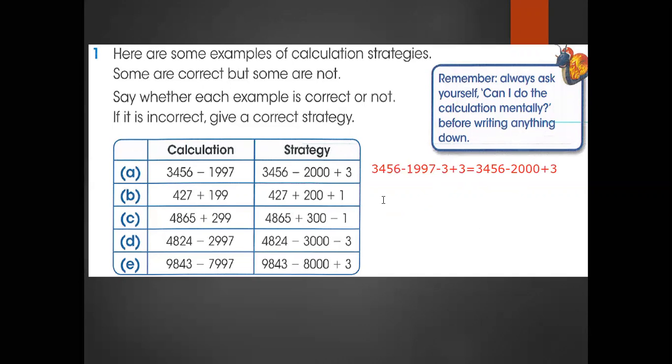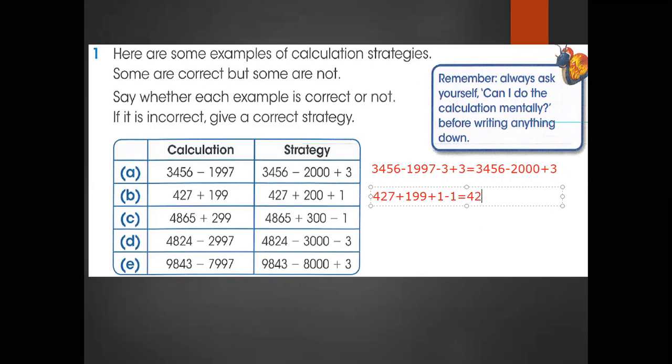The next one: here already plus 1. But if he writes 427 plus 199, and you add 1, then you also need minus 1. If you do minus 1, the answer must be 198, not 200. So what is the correct answer?